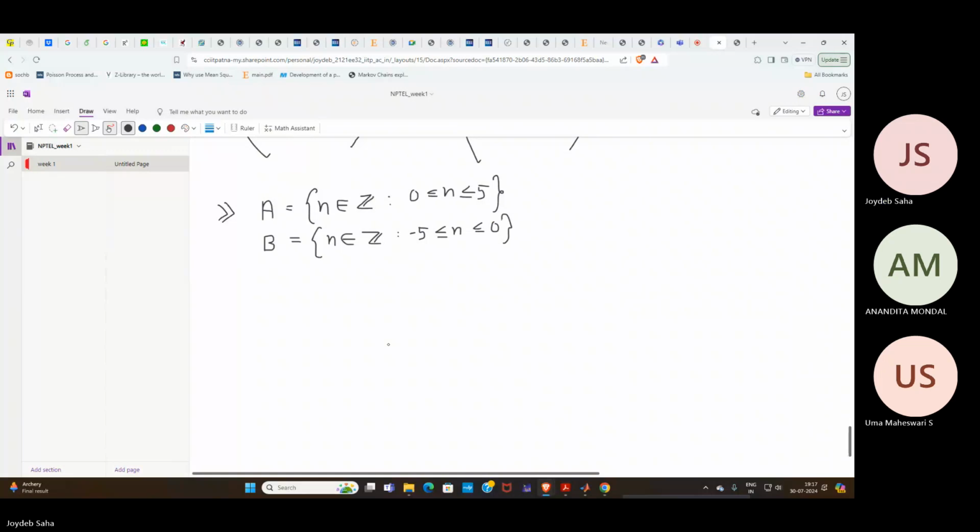Now, question 1. If we define a function from A to B, is it a bijective function?